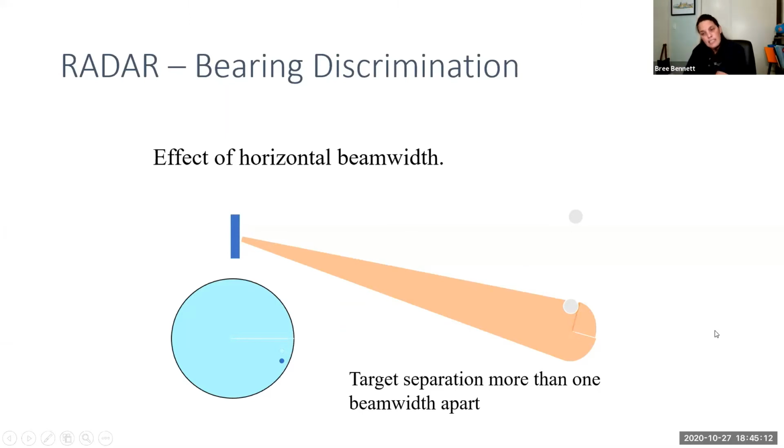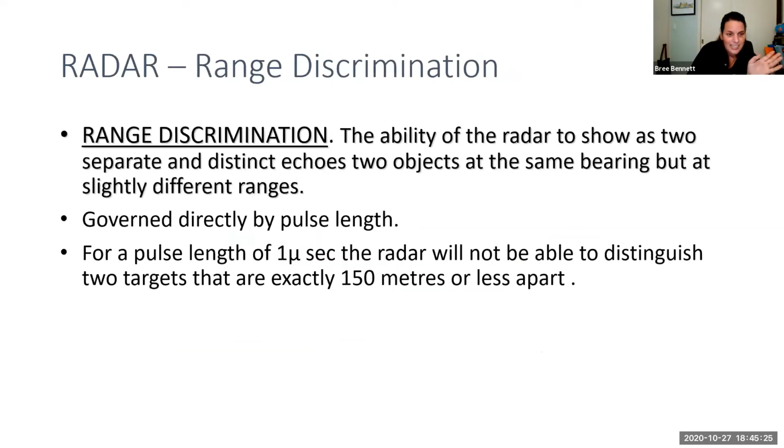So if something is detected further away, it's possible to get it back, but it's definitely going to be a weaker target. And this is what it's saying: if it's less than 150 meters apart, it doesn't have enough time in that listening period, if you will, to get that weak echo returned back to you.